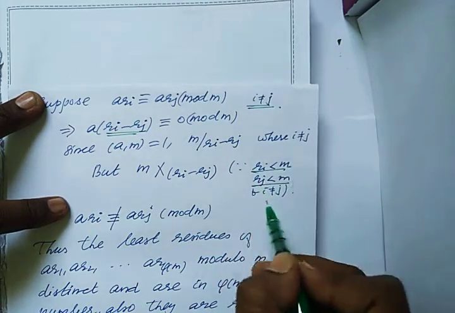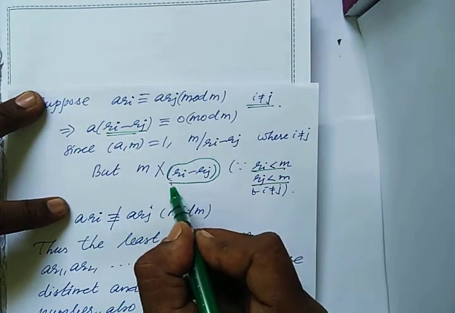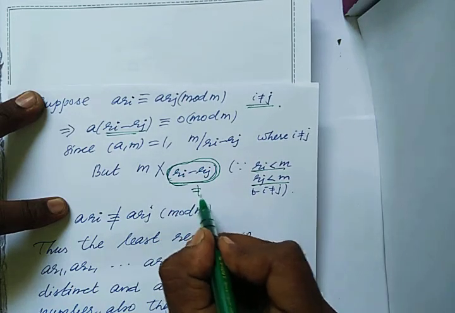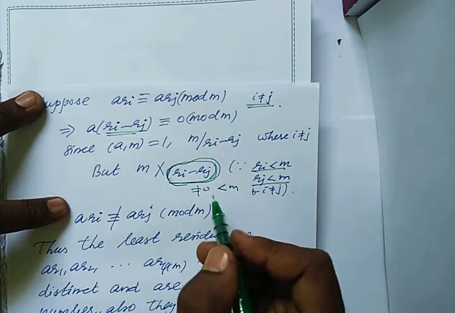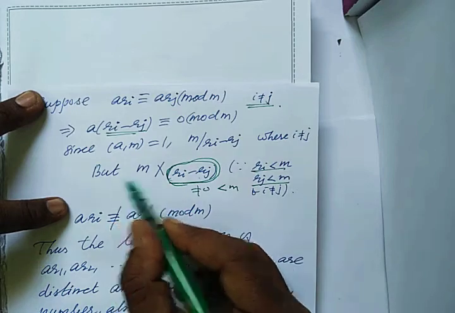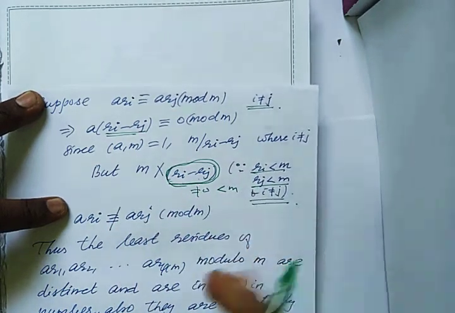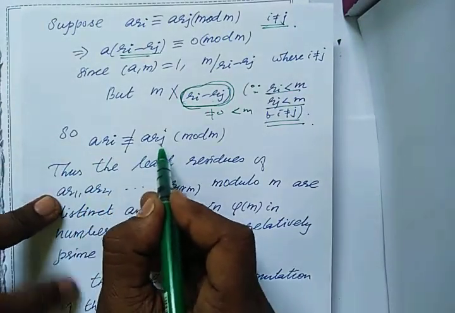And i not equal to j means this difference can't even be 0. It is not equal to 0, less than m and greater than 0. How can m divide this one? So m cannot divide this one. So we got Ari is not congruent to Arj.